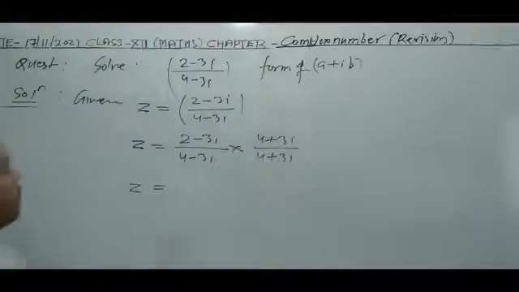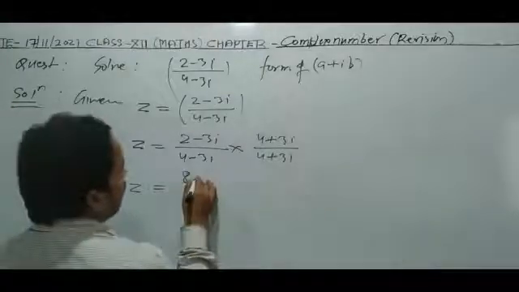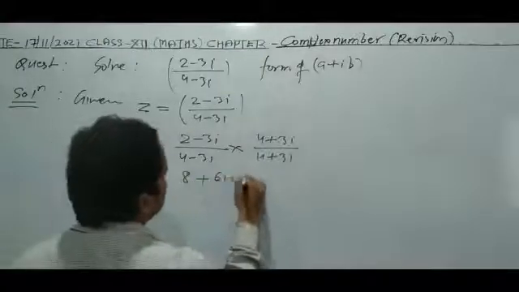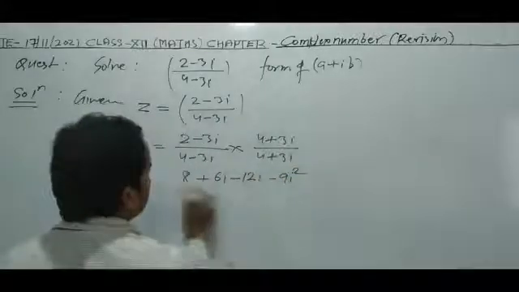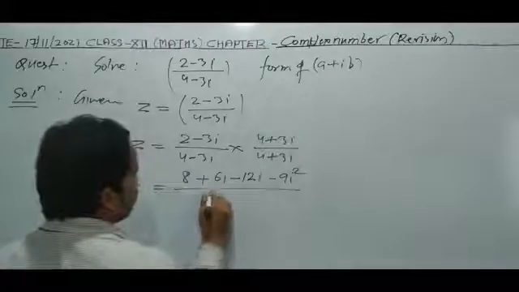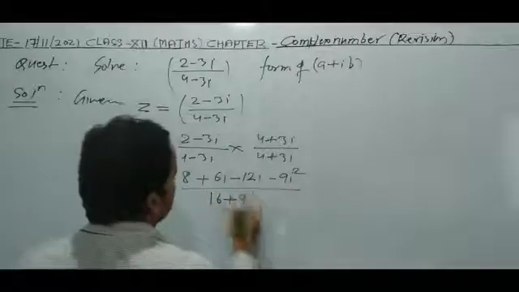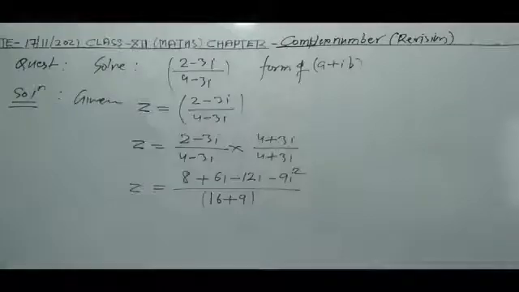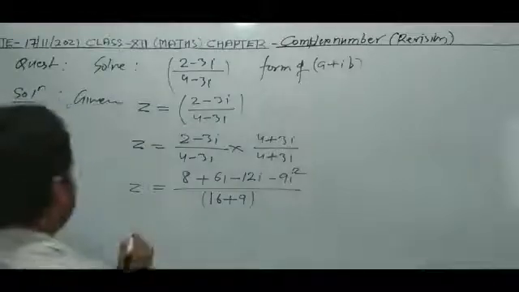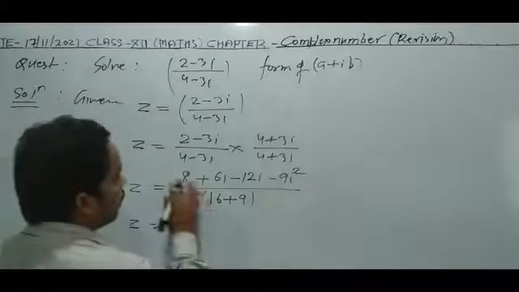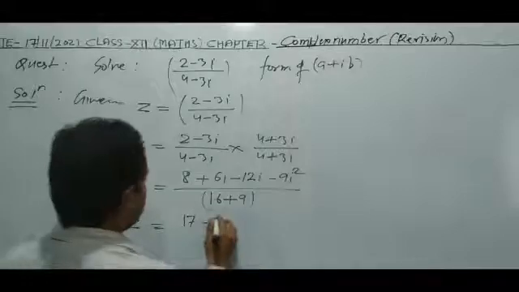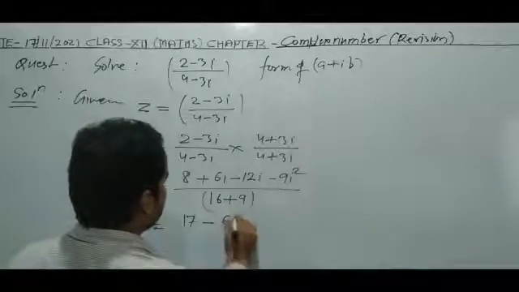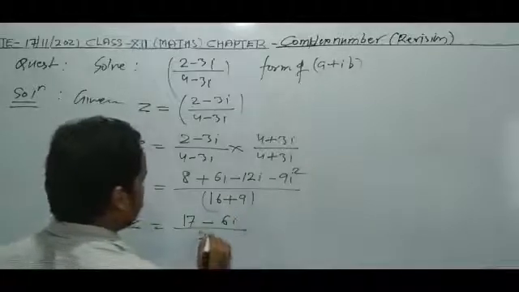And now the result will be 8 plus 6i minus 12i minus 9i square whole upon 16 plus 9. The result will be 25. Now 8 plus 9 is 17, and now minus 6i whole upon 25.